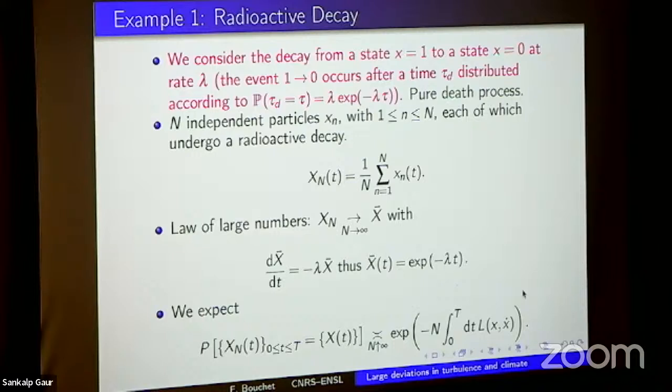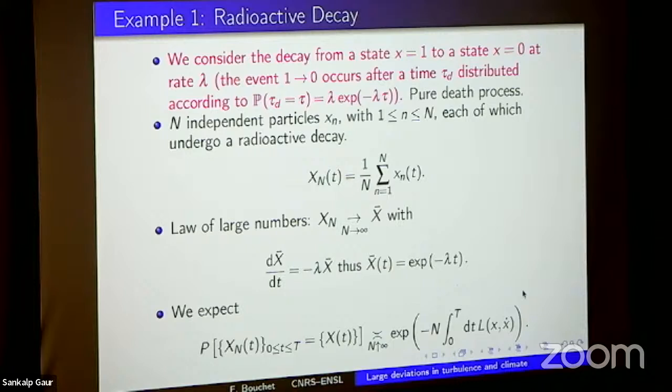It's what is called the pure death process. But rather than looking at one single particle, I will look at n of them. So I have a sample of something, there are n particles inside the sample, and then I will measure the average of the decay over time. I have n independent particles, they each decay independently, and then I just compute the average.